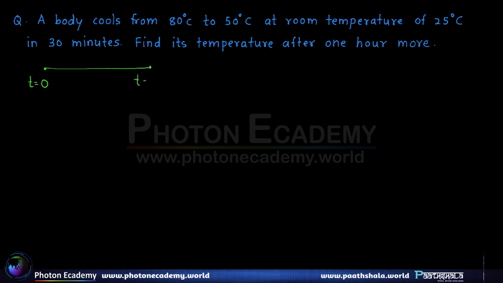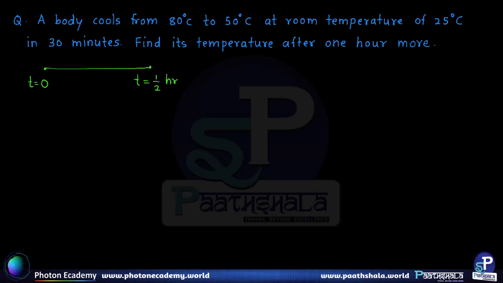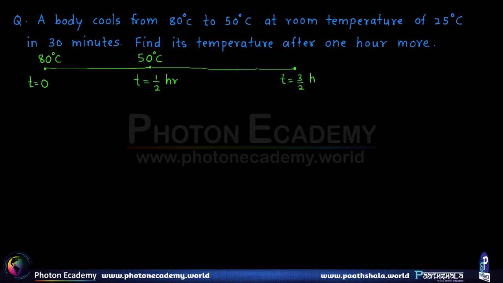Then in 30 minutes, which we can denote as half an hour, the temperature reduced from 80 degrees to 50 degrees. And now we have to find out after 1 hour more. That means after 1.5 hours from the beginning, that is t is 3/2 hours, what is the temperature?